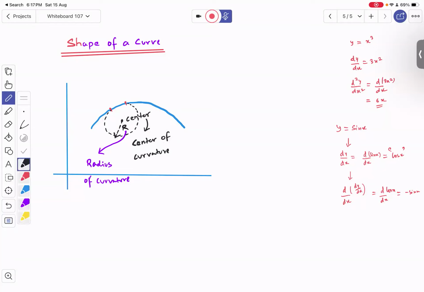So this is having that caved part lying below, so we call it concave down. So if the center of curvature lies below, then the shape of the curve is called concave down.